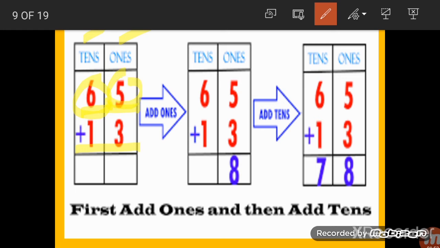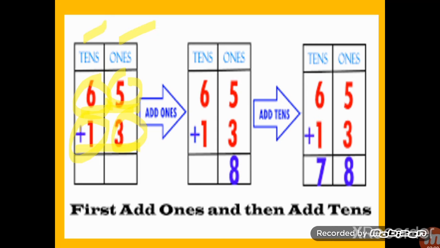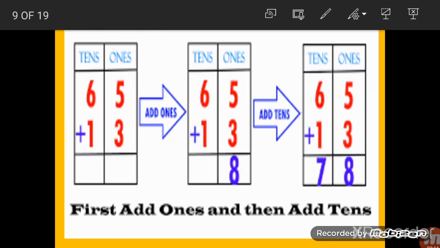So we have to place them in separate boxes. In the same way, 13 has 1 tens and 3 ones, so we are going to place them properly. Ones should be placed under ones, and tens should be placed under tens. So you have to do this very carefully.